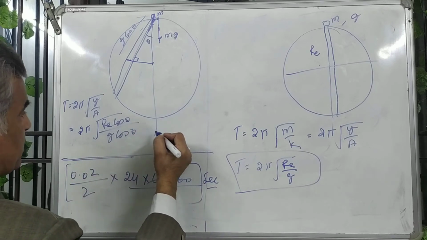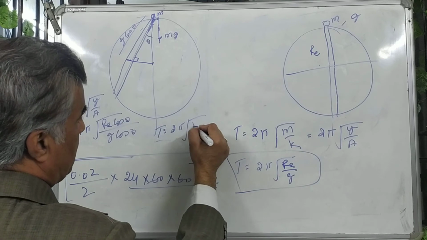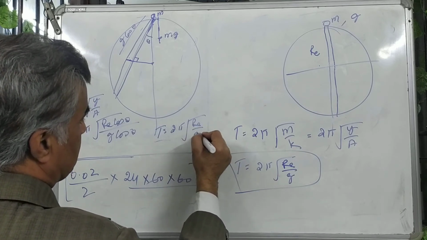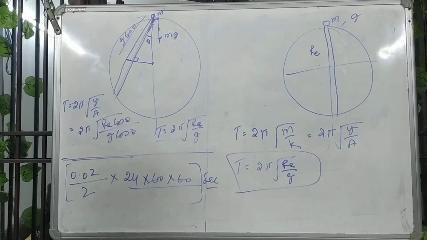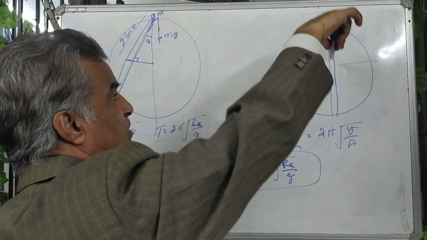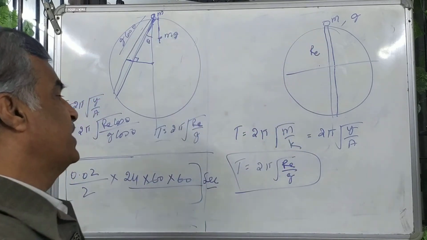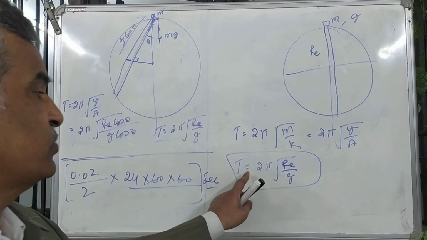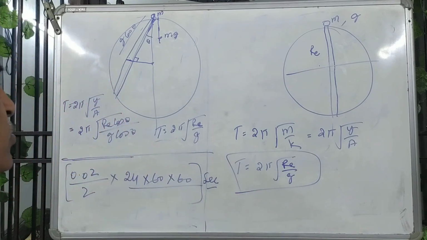Cos theta cancels, so time period T equals 2 pi root Re upon g. So SHM along the tunnel at angle theta has the same time period. In this case also you get T equals 2 pi root Re upon g, and here also T equals 2 pi root Re upon g.